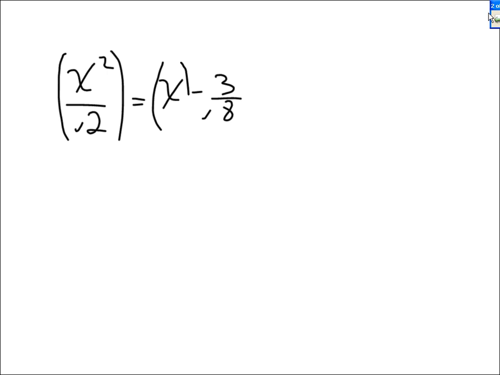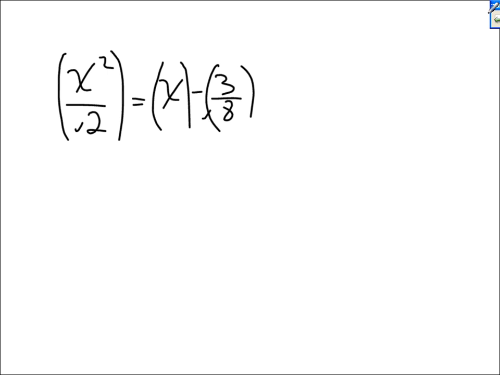If you have x squared over 2 is equal to x minus 3 over 8. Well, one doesn't like fractions, so you look at the denominators, 2 and 8. You ask yourself for their LCD, that is the least common multiple. And that magic number is 8.